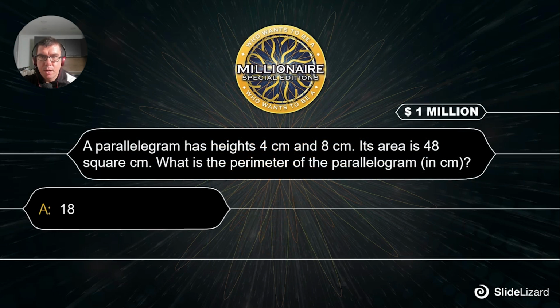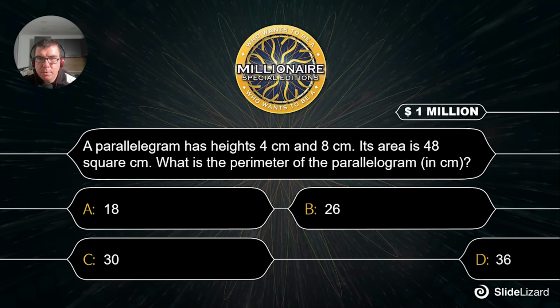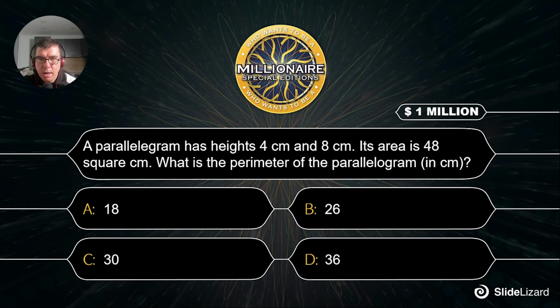Last problem. A parallelogram, should be written parallelogram with an O, has heights 4 and 8. Its area is 48. What is the perimeter of the parallelogram? This one is much easier to calculate.